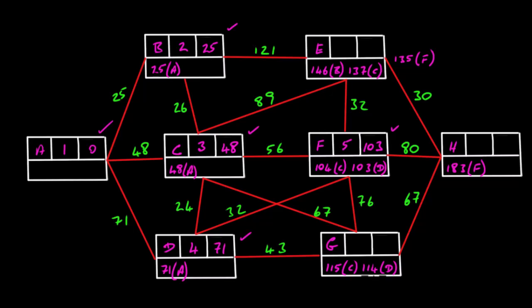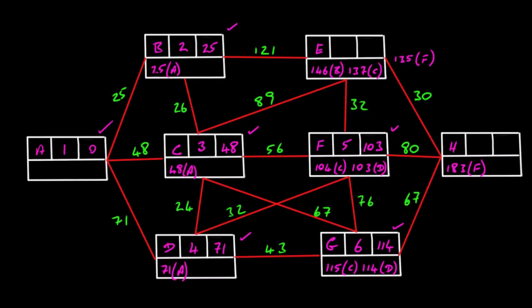So 179 is bigger than what we've got already, so we don't include that. Okay, so let's see which is our smallest value for our incompleted nodes. We have 135, 183, and 114. So it's going to be 114. So we put 114 up here, that's number 6, and this is now complete.